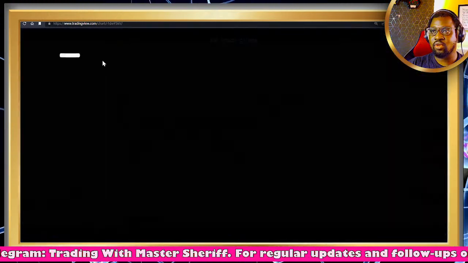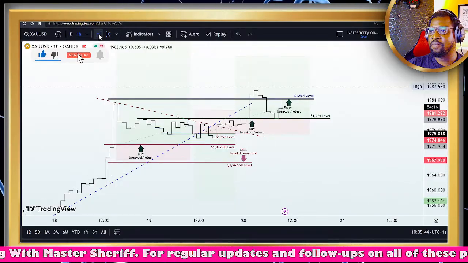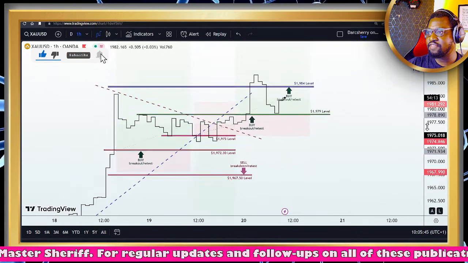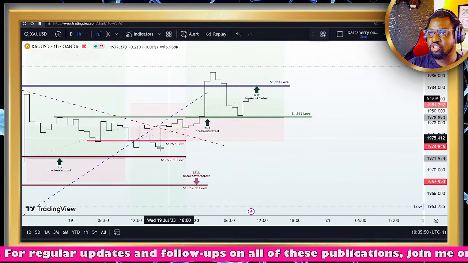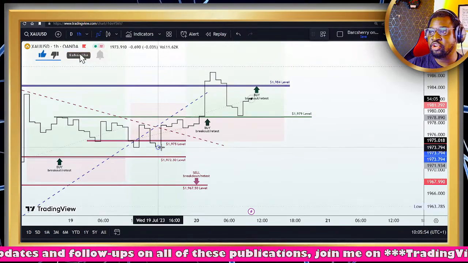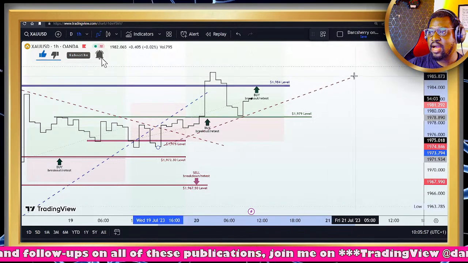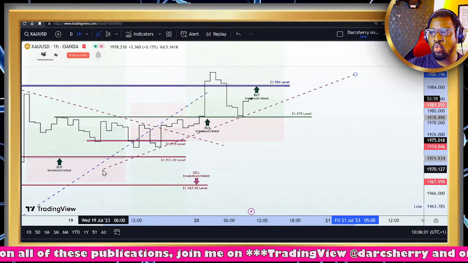Now, if we take a closer look at this structure, and let me bring out my line chart here so that we can have specific points of connection, you will notice that we have another trend line. This is the previous low here that was yesterday's trading session, and there's the new higher low here. So we have a new trend line to work with for today.